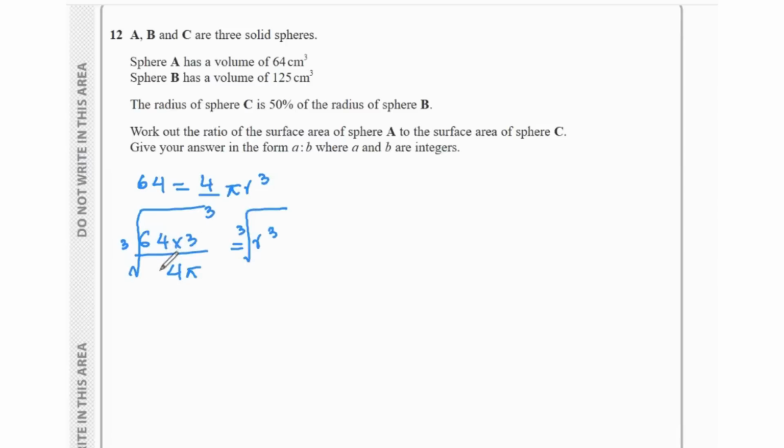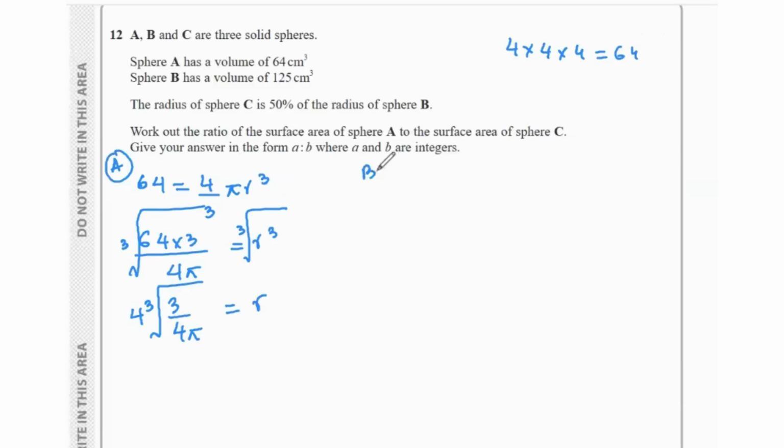So cube root of 64 is 4 because 4 times 4 times 4 is 64. So 4 comes outside. 3, 4, and pi remain inside the cube root. So 3 over 4 pi are inside the cube root. And over here, it's just r because cube root of the cube number is the number itself. Now this is for sphere A.